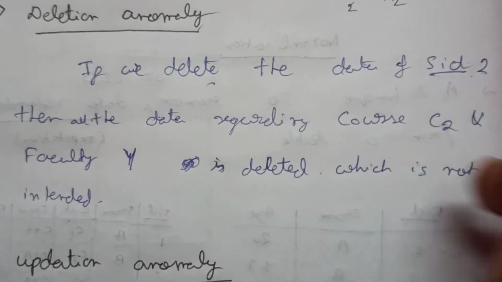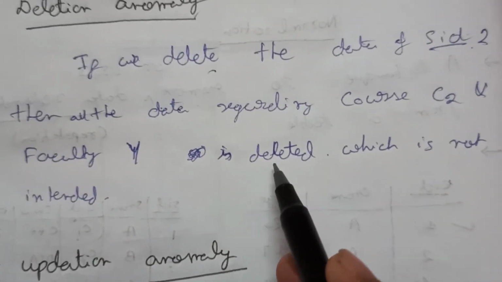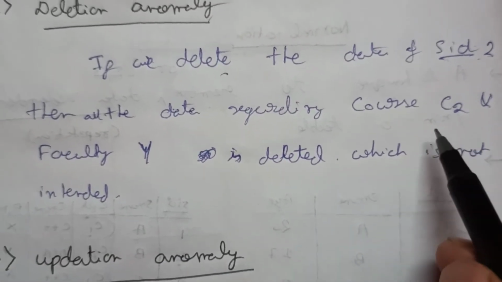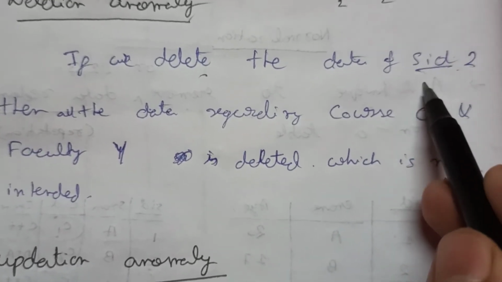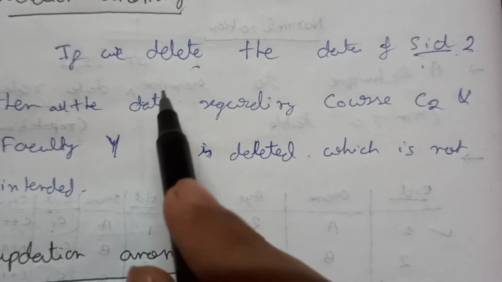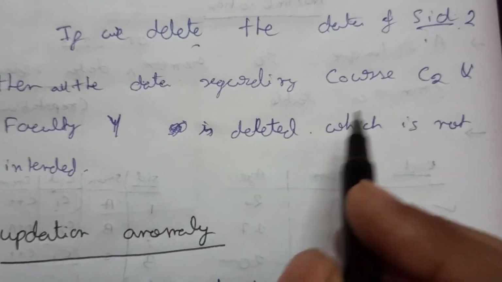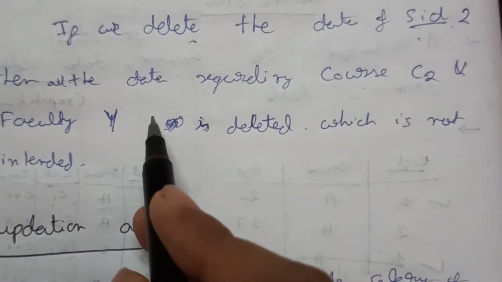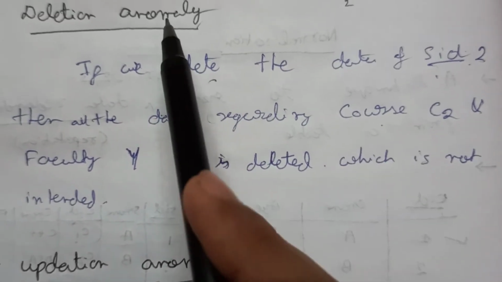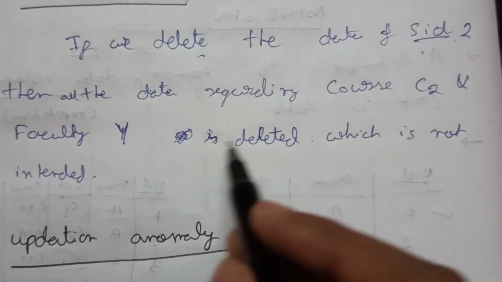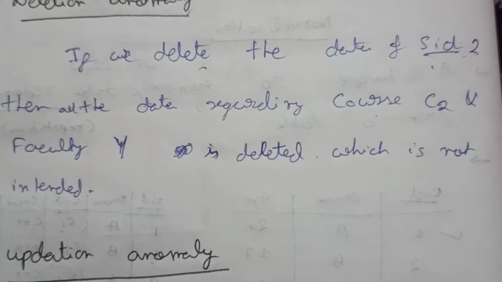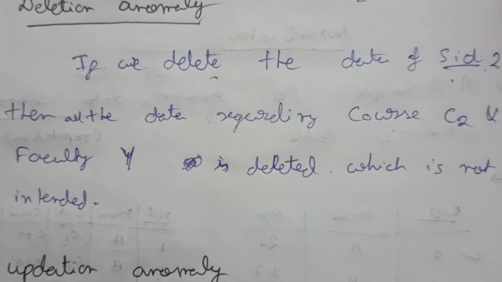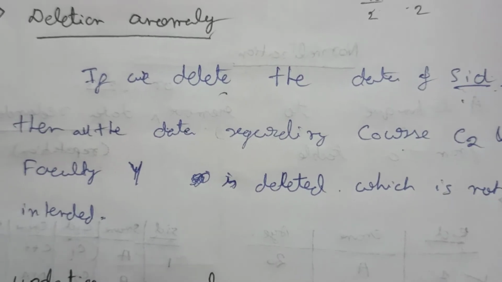We do not want to delete the details of the faculty or the course. We just want to delete the details of the student. But if we delete the student, we also have to delete the details about the course and the faculty. That is why a deletion anomaly is caused. This will happen only when a particular course has only one student enrolled. So that is the deletion anomaly.